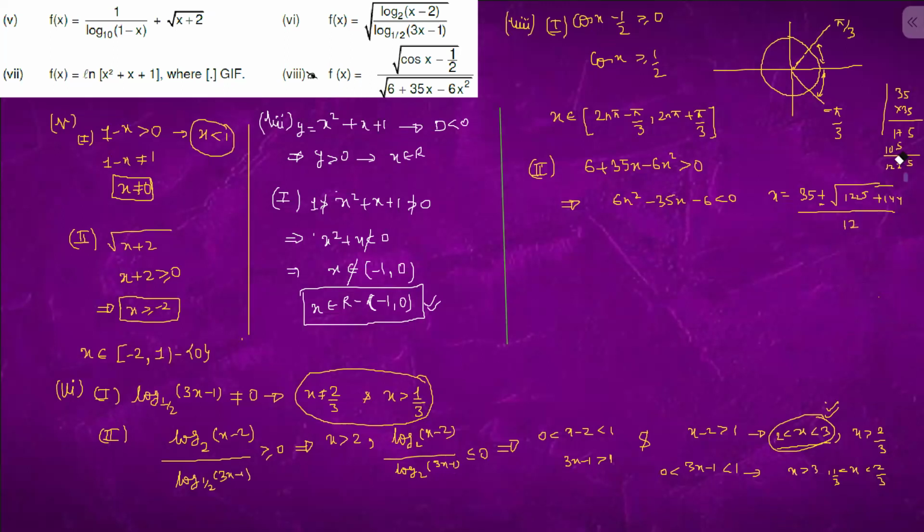So we'll simply write it in this way. x belongs to 35 minus root 1369 upon 12, solve it, whatever value comes from here, to 35 plus root 1369 upon 12.